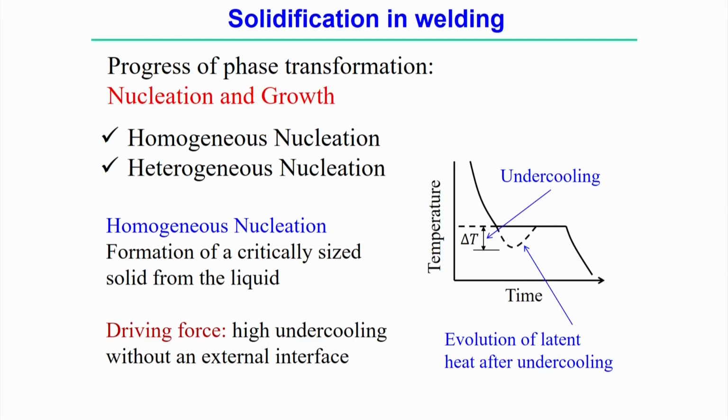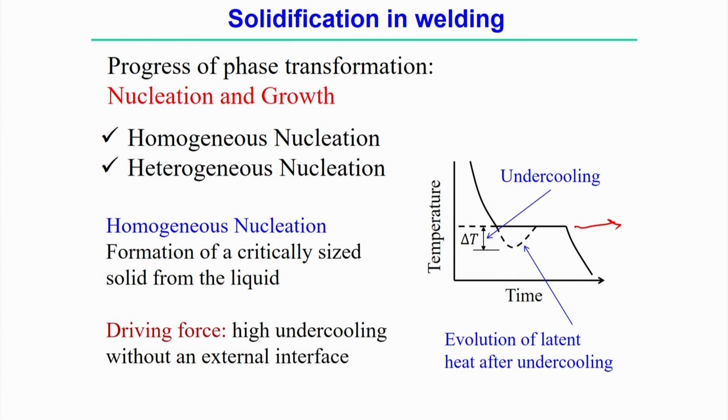If you look into this curve during the cooling process, this line indicates the melting point, that is, the temperature that decides the transformation from solid phase to liquid phase or vice versa, liquid phase to solid phase.